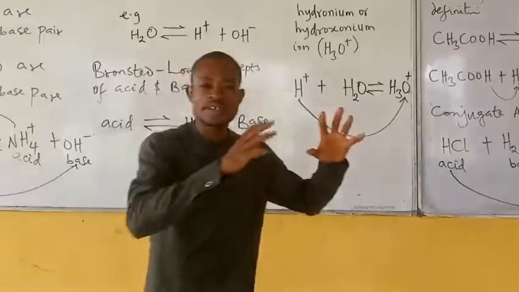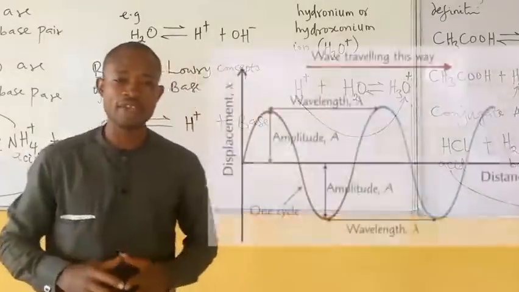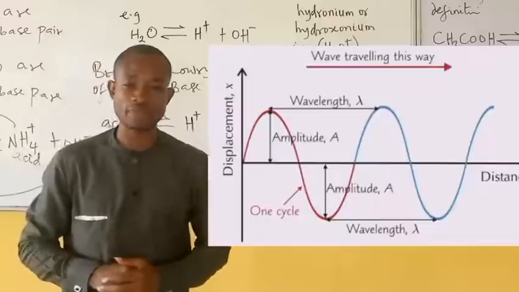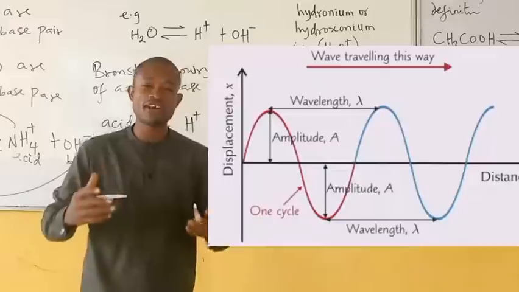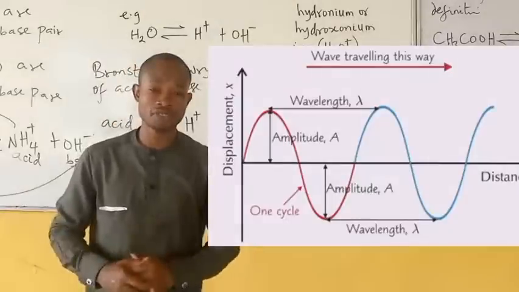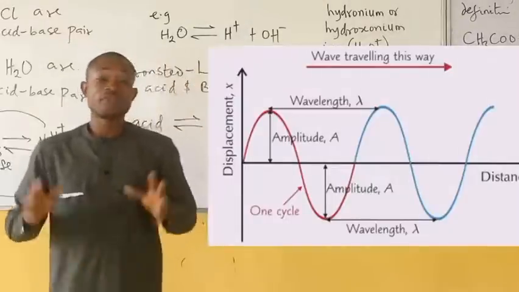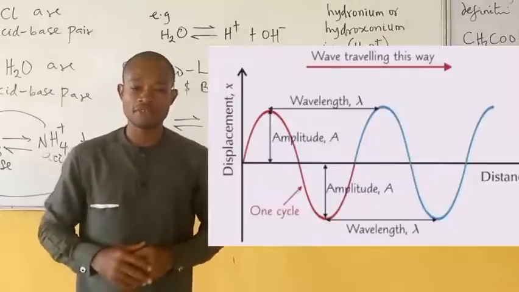Alright, so this is the graphical representation of the progressive wave or traveling wave. Now that you've seen this graph, I would like us to now define the terms that are used to describe wave motion. The first we're going to define is the amplitude of a wave.